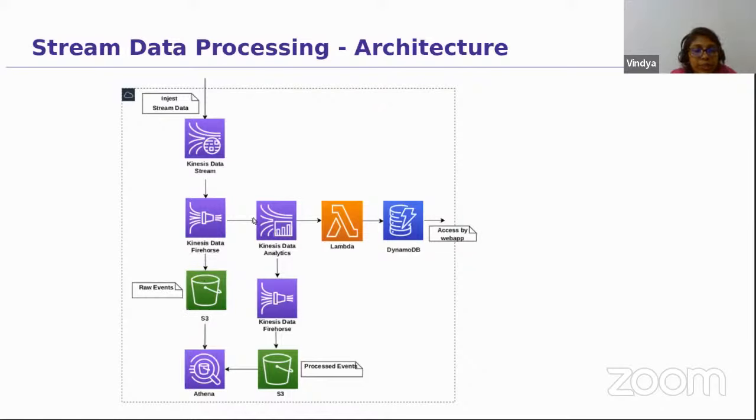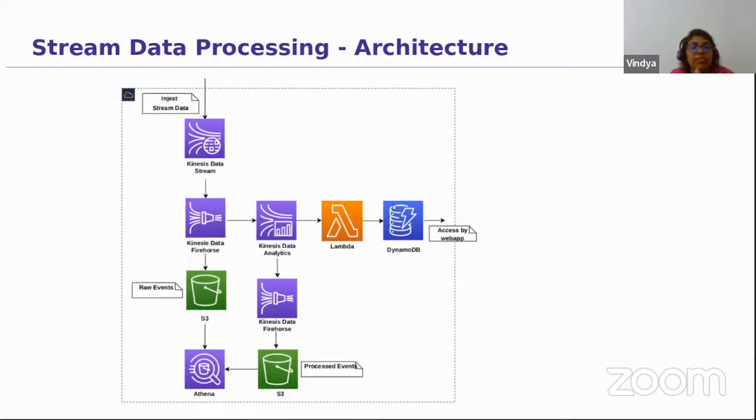And you can use Kinesis Data Analytics to do some real time analysis and derive some information, and this processed data, even if you want, you can store in a different S3 bucket. And these derived values, these insights, you can process using a Lambda function and store in a DynamoDB table.